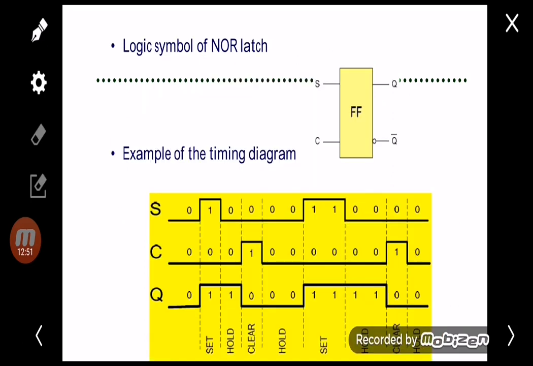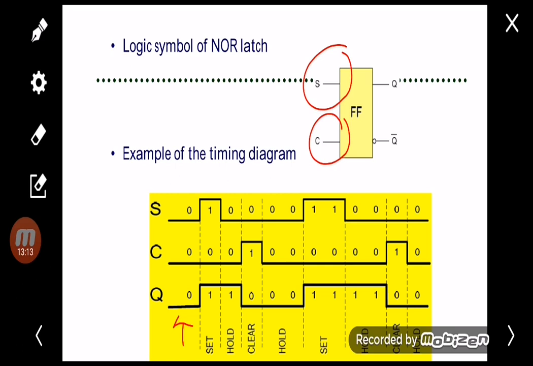So this is the symbol for the NOR latch. As it is active high input, there's no bubble at the input, right? So this is an example of the timing diagram. If S C is 0 0, we know that this one is initially 0.